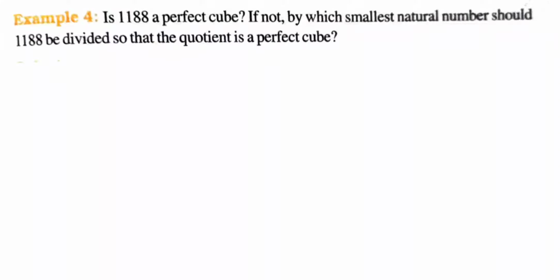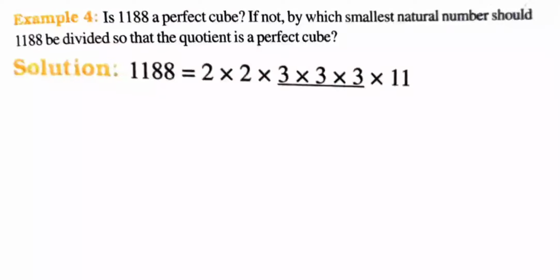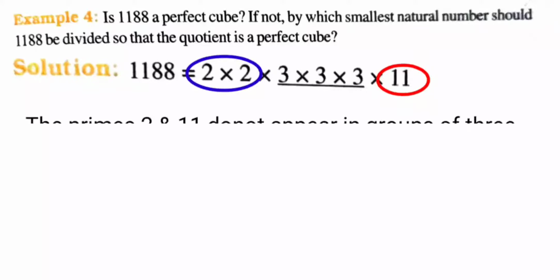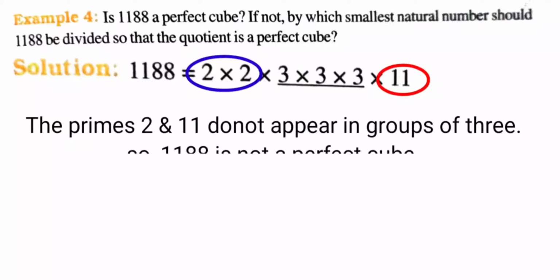Next is, is 1188 a perfect cube? If not, find the smallest natural number by which 1188 should be divided so that the quotient is a perfect cube. These are the factors of 1188: 2 into 2 into 3 into 3 into 3 into 11. Here 3 is in a group of thrice, but 2 and 11 are not in a group. So the primes 2 and 11 don't appear in a group of 3.